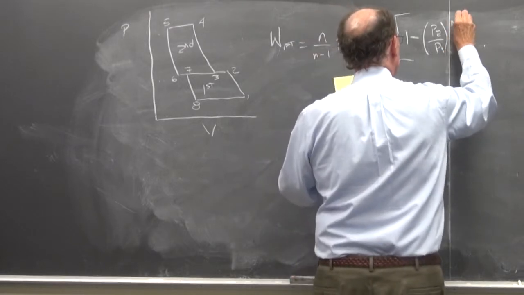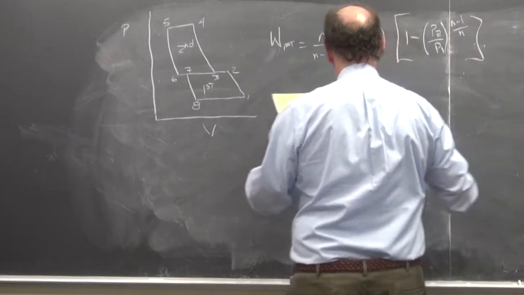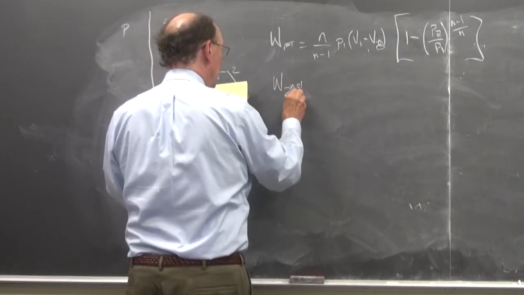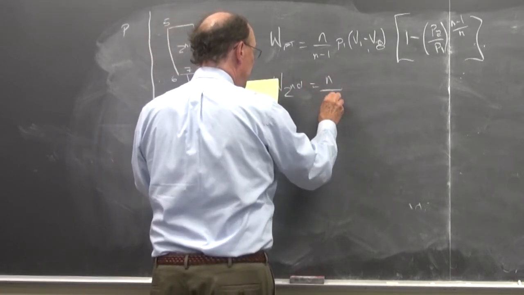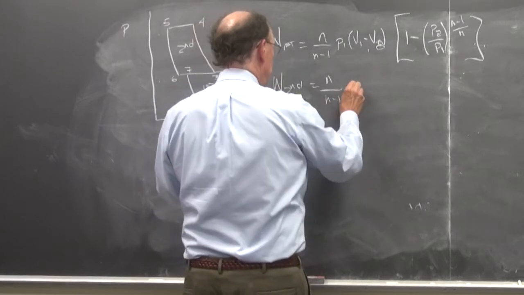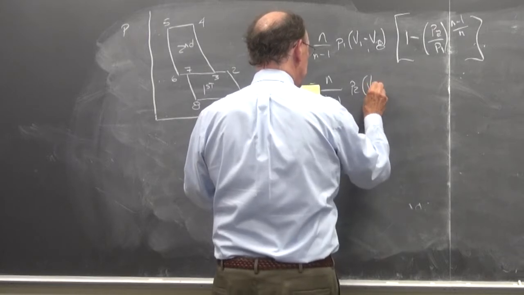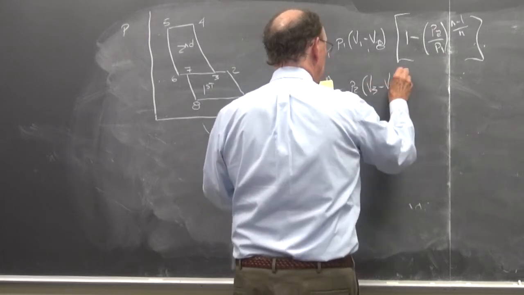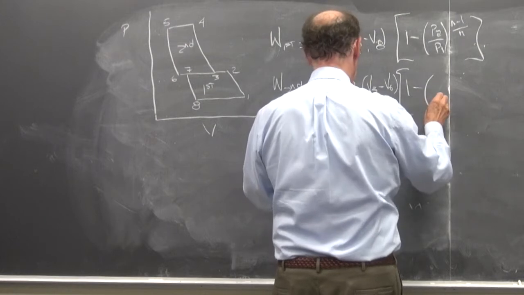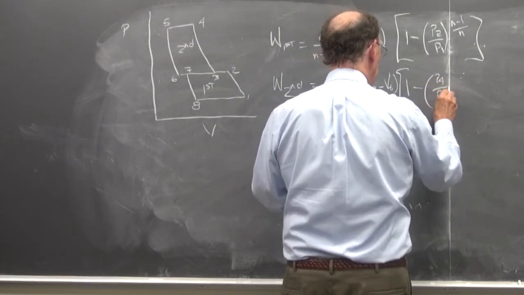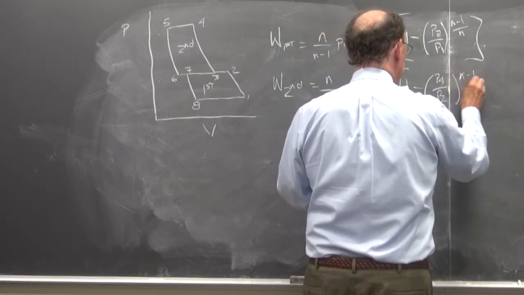And for the second stage, n over n minus 1 times P2 times V3 minus V6 times 1 minus P4 over P2 to the n minus 1 over n.